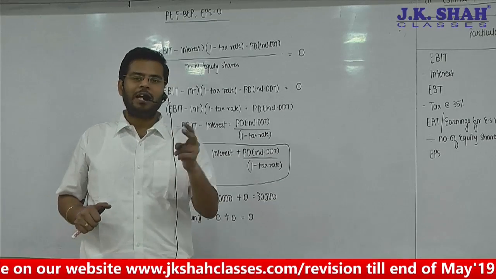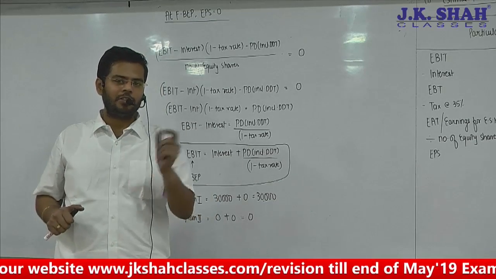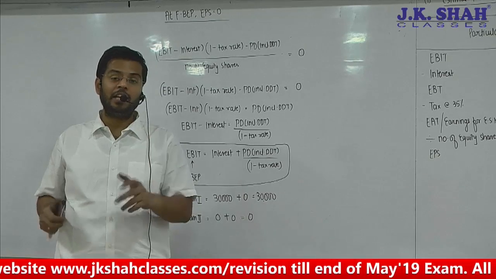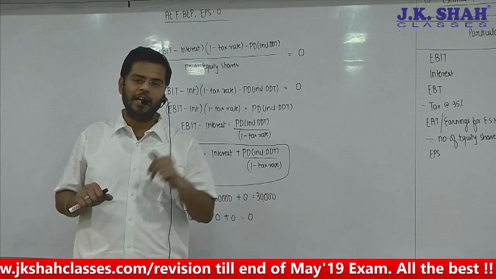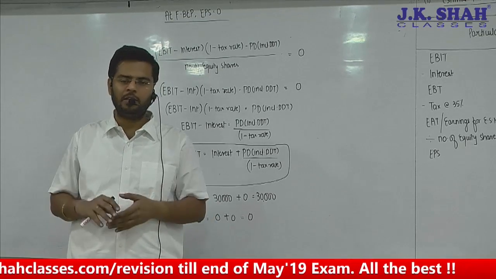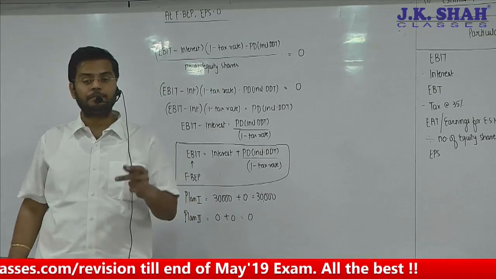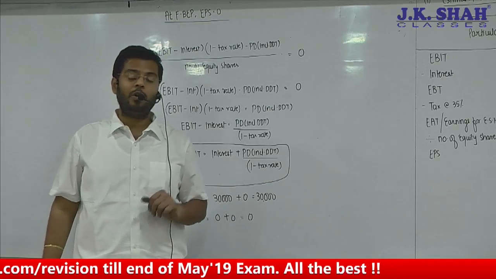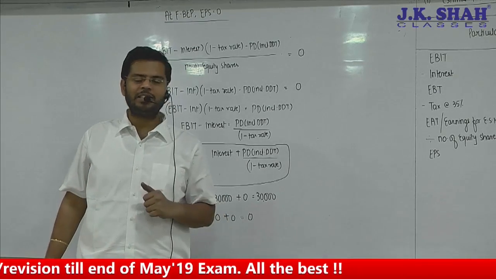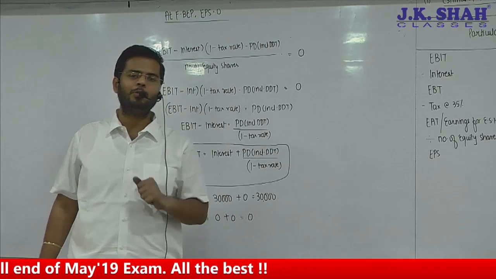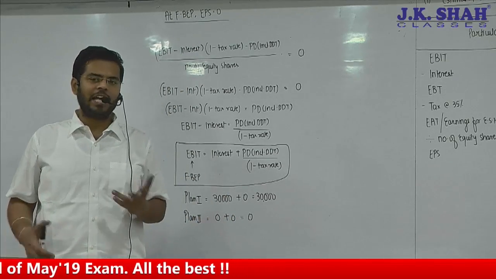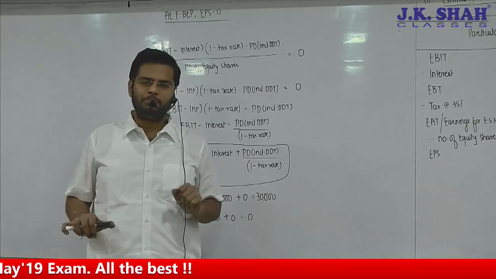So if I summarize the entire question, I can say this way. First point was asking me to select the plan if we expect 70,000 profits from our business or 80,000. So we suggested go for plan 1 because that's maximizing the EPS. Second point was calculate the indifference level. The indifference level or indifference point between the two plans, and that is calculated by again equating the EPS.